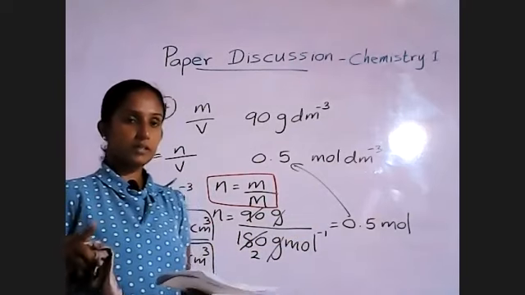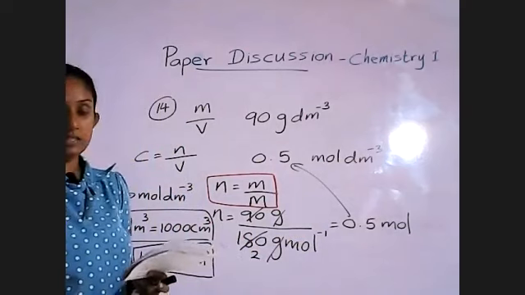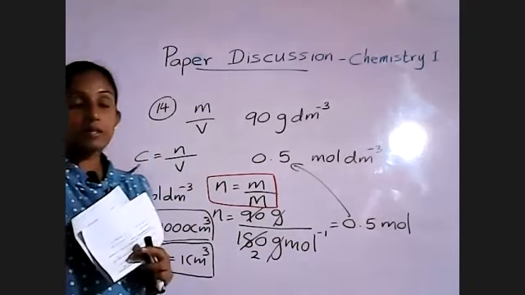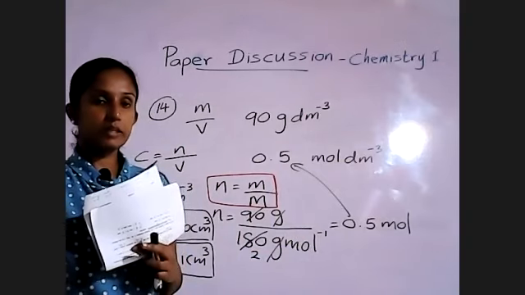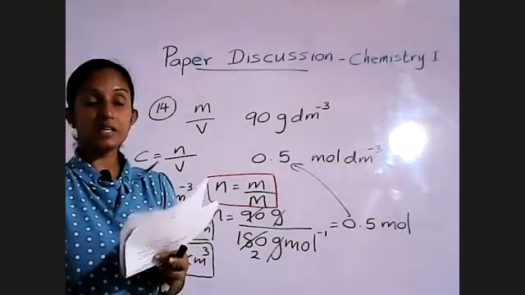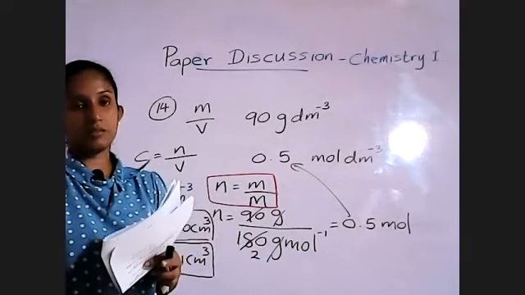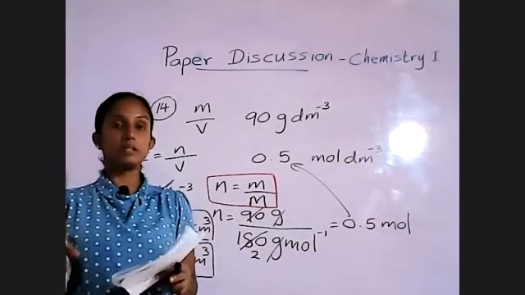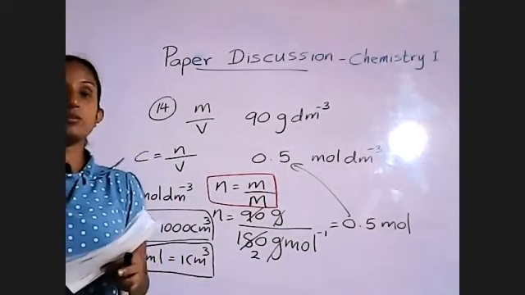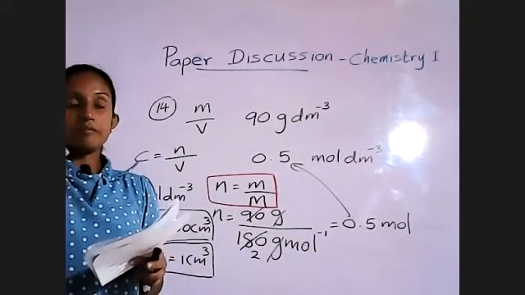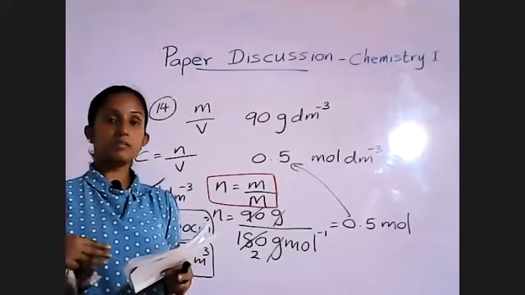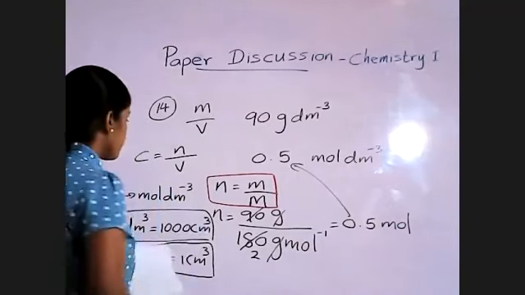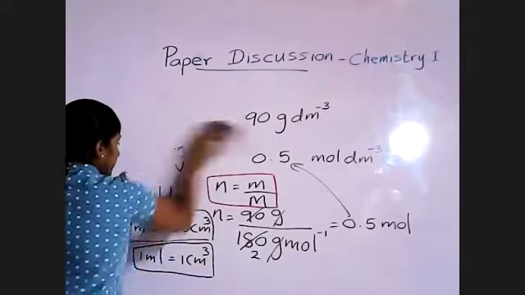There may be many calculations in the last part of the paper, and some questions where we have to think and apply the theories or principles that we have learned. So we have to save time for those from the first 20 questions.